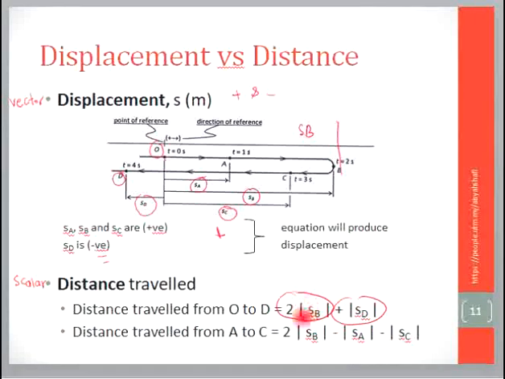The magnitude is what counts, so we only take the positive because it is scalar, so there is no need to know the direction. And from A to C, from here to here, it is 2SB minus SA minus SC.